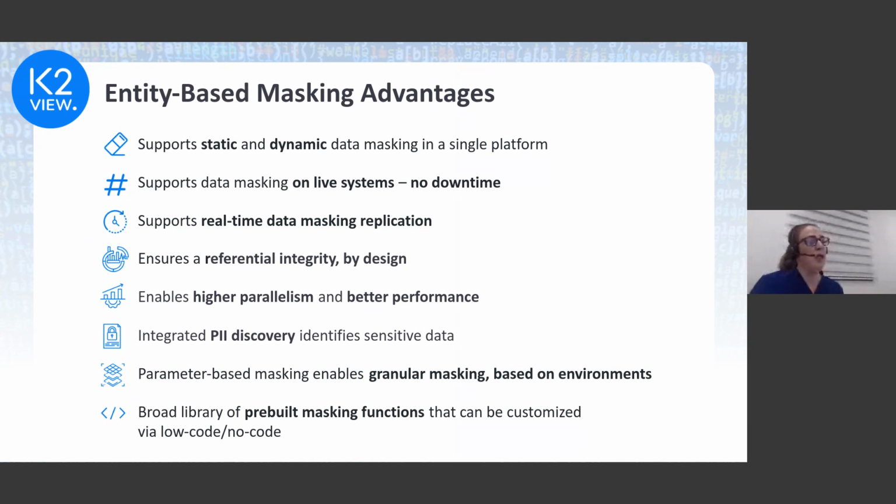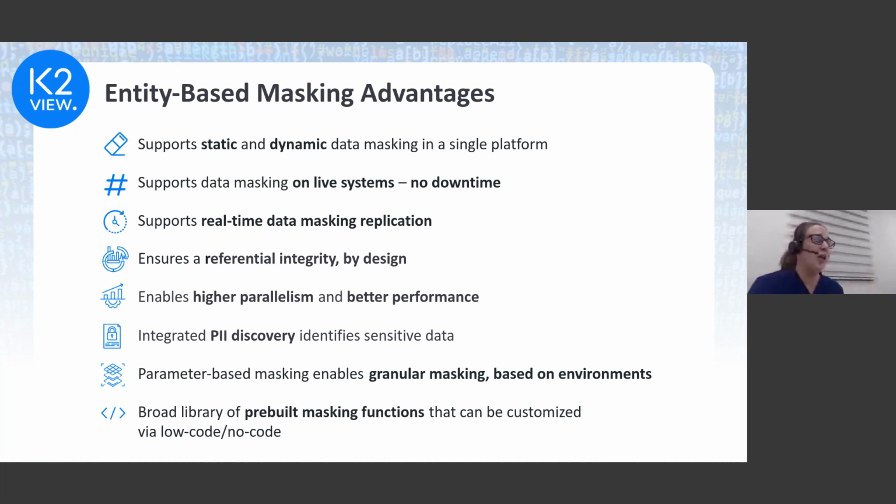It also enables a higher parallelism and better performance. We don't work block by block. It means that we are not taking the entire customer table from production, masking it and copying it somewhere else, and then taking the entire block of subscriber and copying it from one place to another.